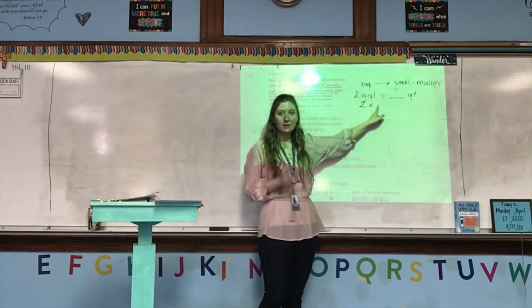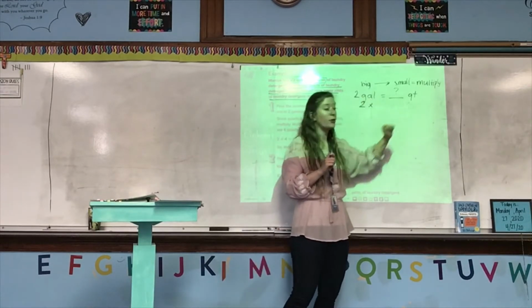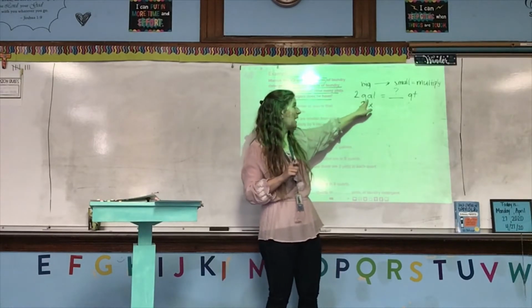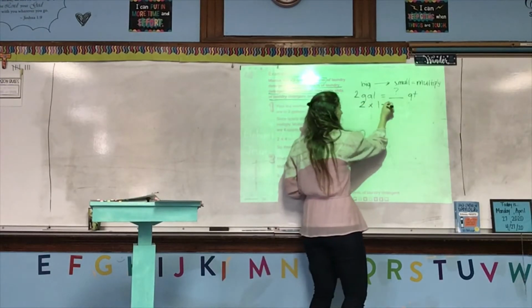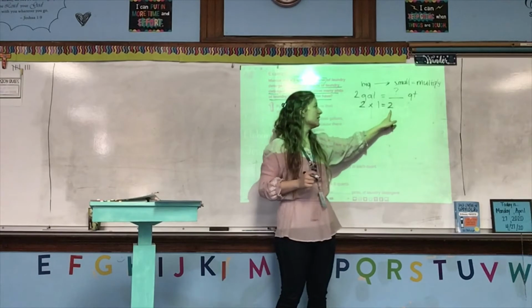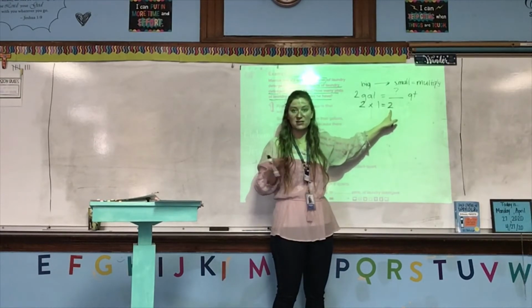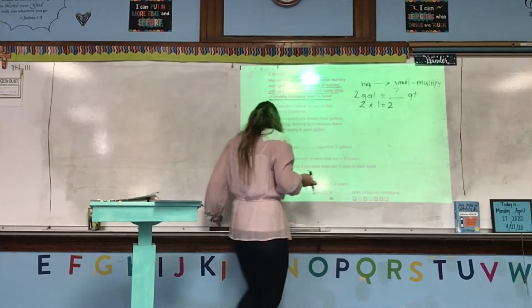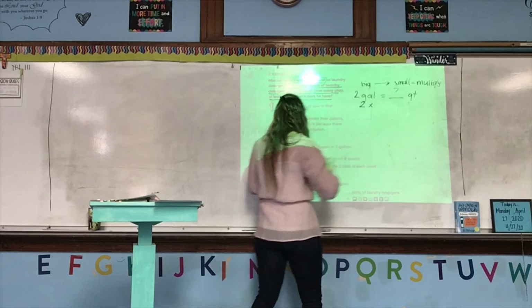Now I need to figure out what I'm going to multiply by. Well, I have gallons and I have quarts. I can't multiply by the number of gallons in a gallon because that would just look like this. And we know that there can't be 2 quarts in 2 gallons because that would mean that quarts and gallons are the same size. But they're not. So we can't multiply by the number of gallons in a gallon.